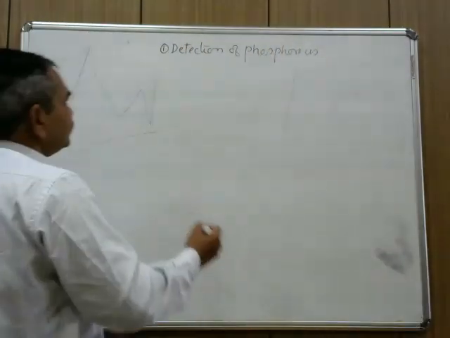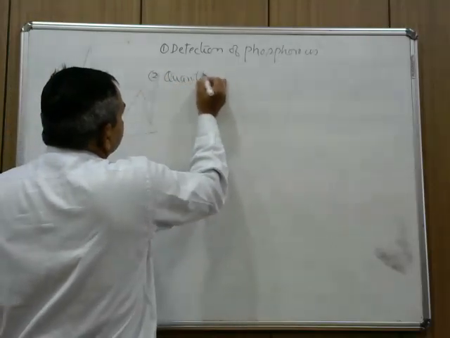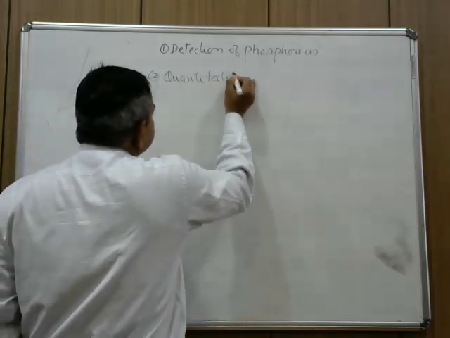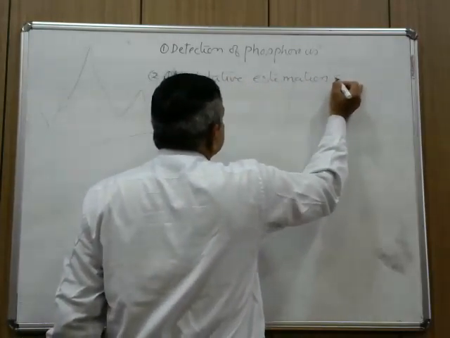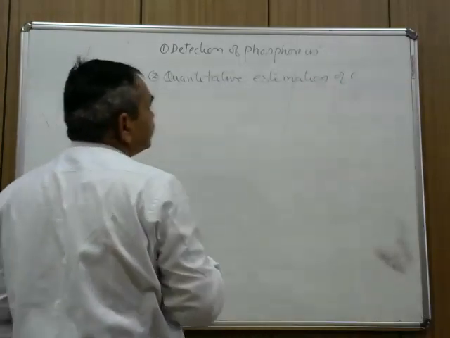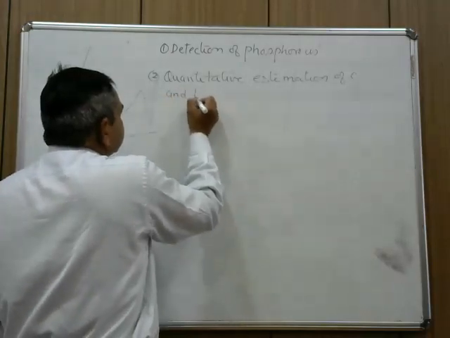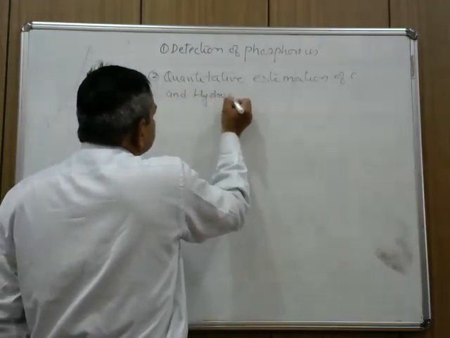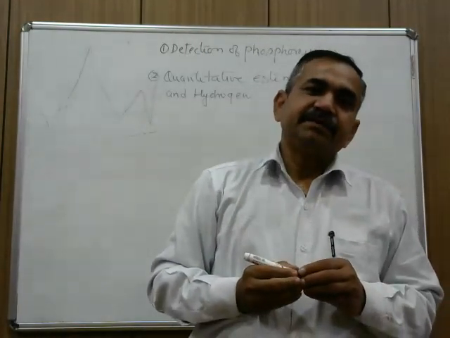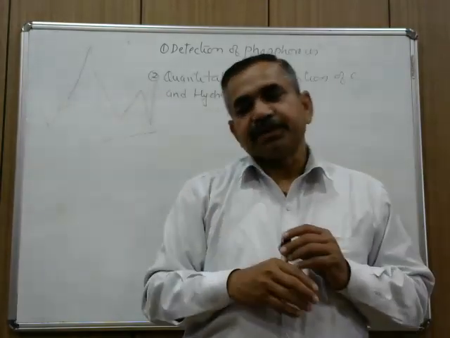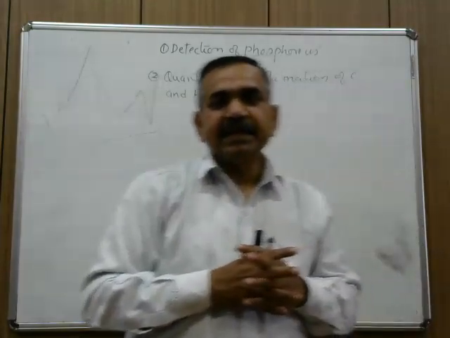Then I told you quantitative estimation of carbon and hydrogen. Both of these are determined by a single process, which is called Liebig method.